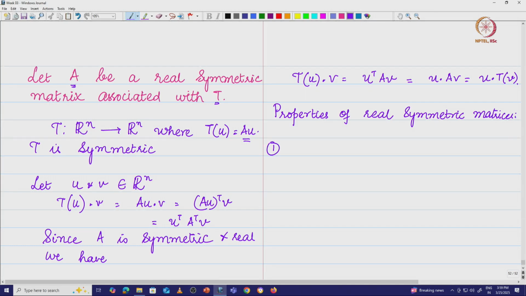The first property is very interesting. The eigenvalues of a real symmetric matrix are always real.